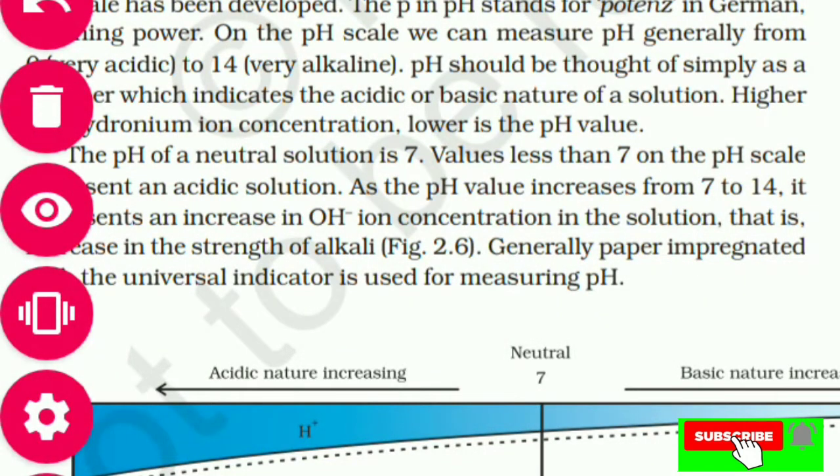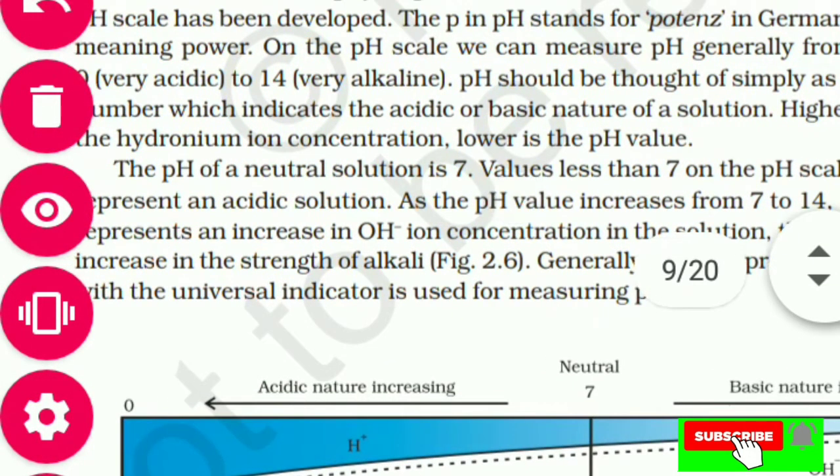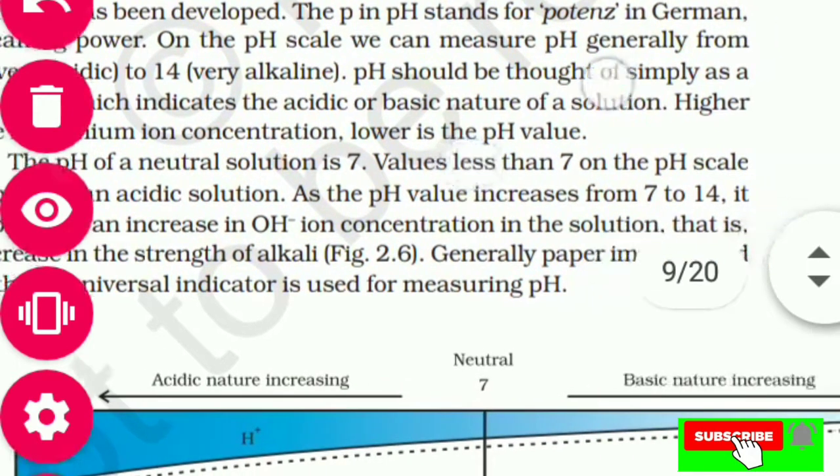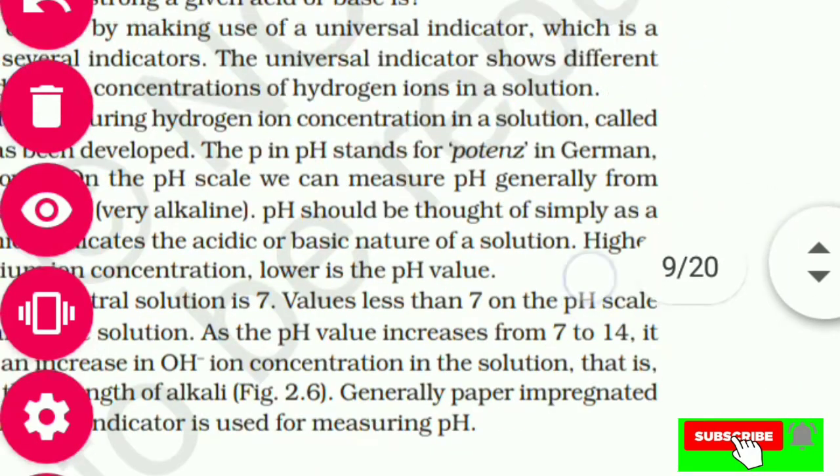If the pH scale is 1 to 3, it is a strong acid, and if it is 12, 13, 14, it is a strong base.